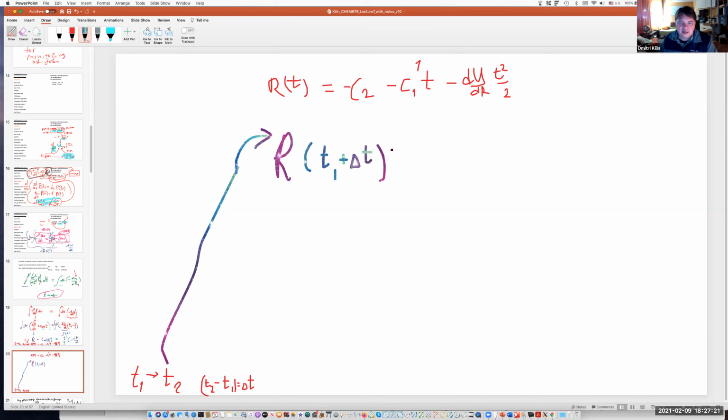I'm skipping little details, but one can fix what should be constants C1 and C2 by considering time increment equals 0. So if time increment equals 0, then only constant C2 remains, which shows that it should be just the position at time 1.